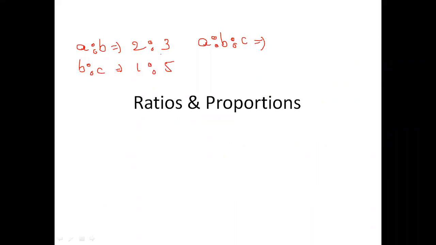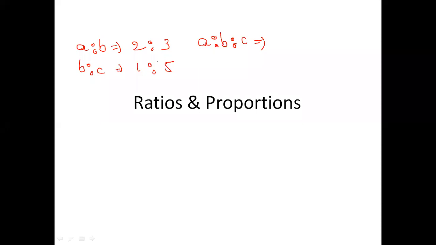This is the basic point in the ratios concept, guys. In the first ratio, A and B, two numbers are there, with respect to that you have 2 and 3. In the second ratio, B is to C, with respect to that you have 1 and 5. So you want to calculate A is to B is to C. The process of calculating is: I can see the B value is 3 in the first ratio and 1 in the second ratio.